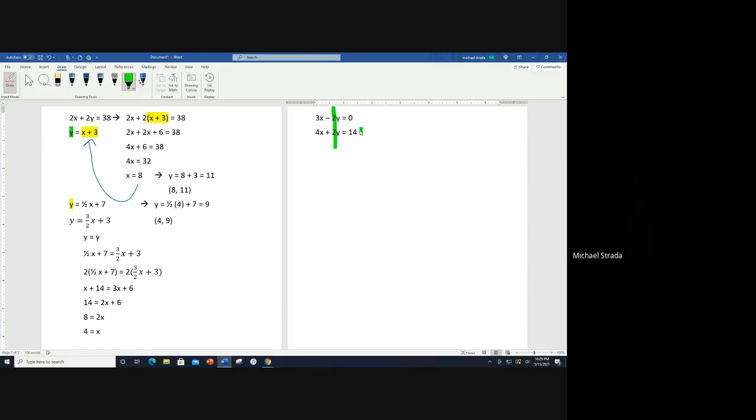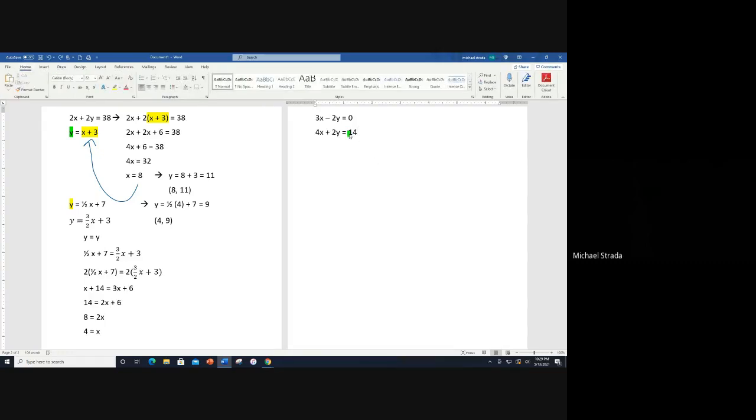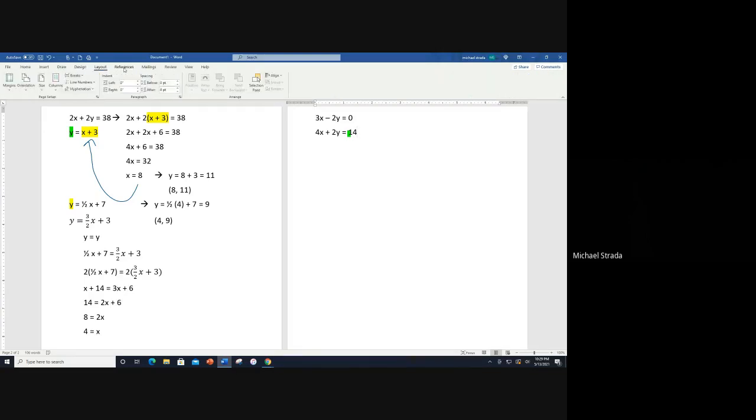So what we do is we put a line right underneath and add straight down. We add 3x and 4x, and that gives me 7x. The negative 2y plus 2y cancels out. We get 7x equals 14, and x is equal to 2.